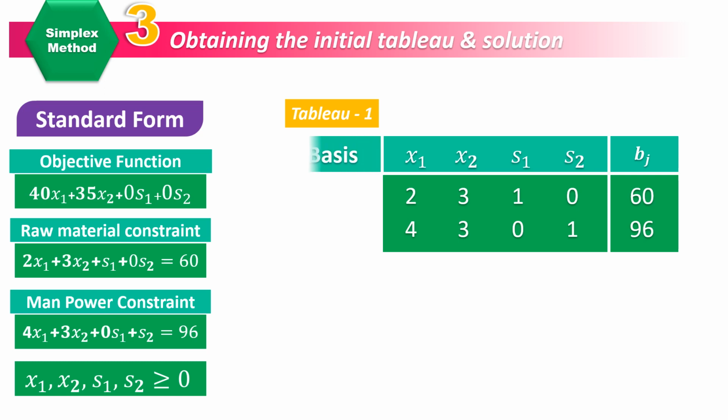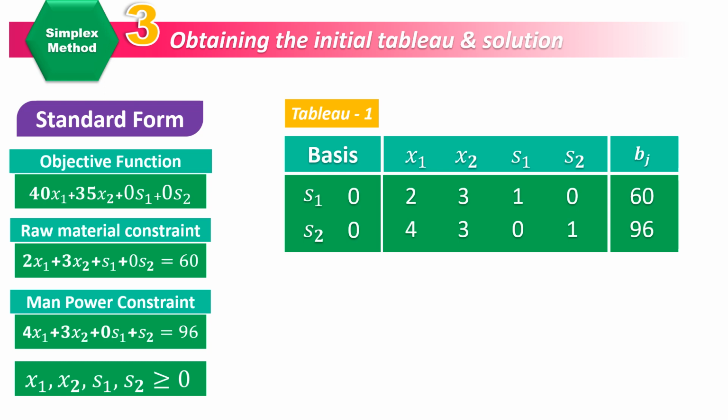Then we will introduce basis variables. Basis variables are the variables that we introduce every time we construct a new tableau. For the first tableau, we will take the basis variables s1, s2 with their coefficients in the objective function. For s1 and s2, the coefficients in the objective function are 0, 0, which represents that there is no profit by unused resources.